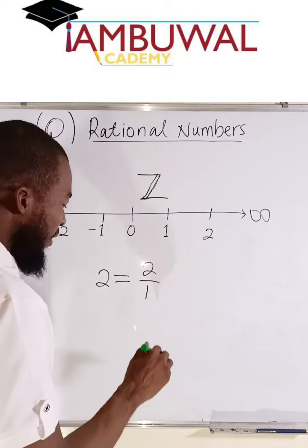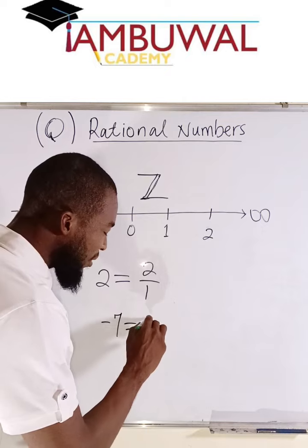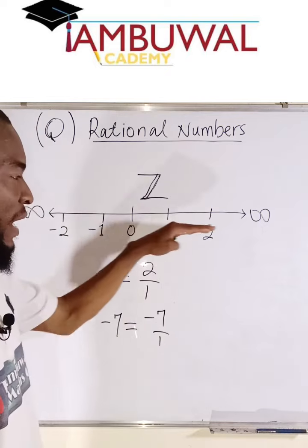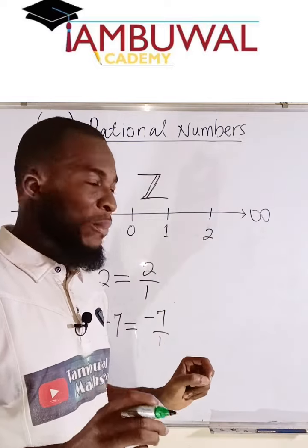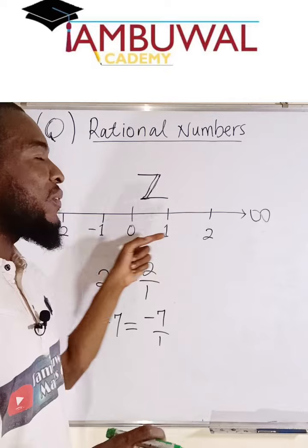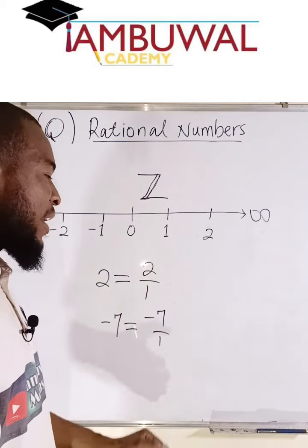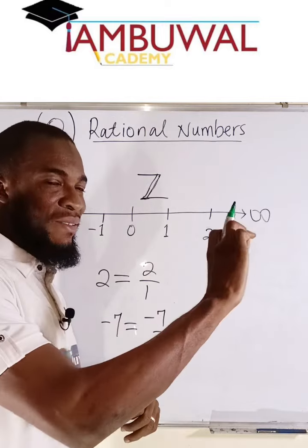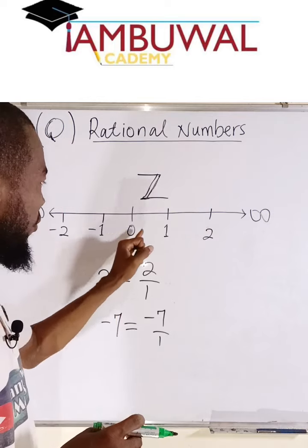Take any number to the left-hand side, for example -7. -7 is the same thing as -7 divided by 1. So any number you take here, you are free to divide it by 1 and it will remain the same. Therefore, all integers are said to be rational numbers. All right? And remember that both numerator and denominator have to be integers. So if this is true, what about the numbers in between them?